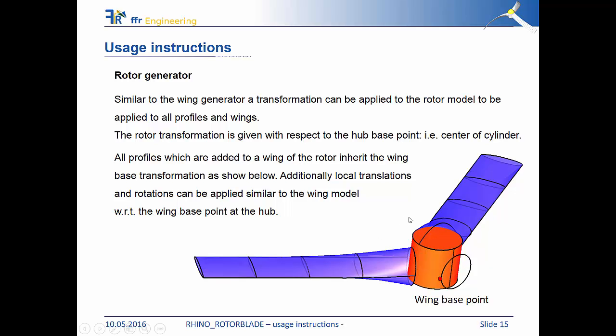That gives us the flexibility to play around with these transformations. So on the generation of the rotor, you can apply some transformation to the rotor itself. You can bring the entire rotor into a different coordinate system, but you can also play around with the wings themselves, as you have seen before.